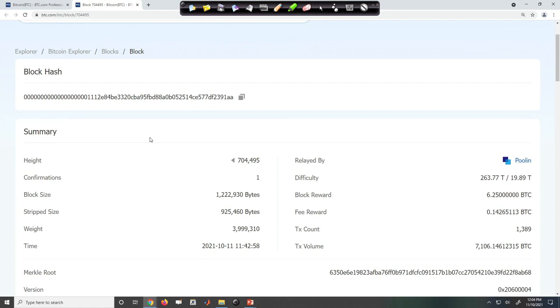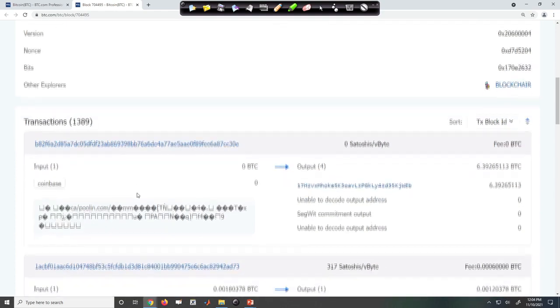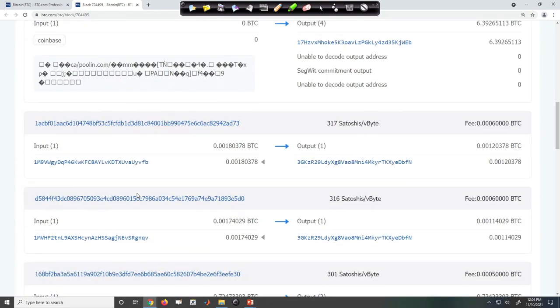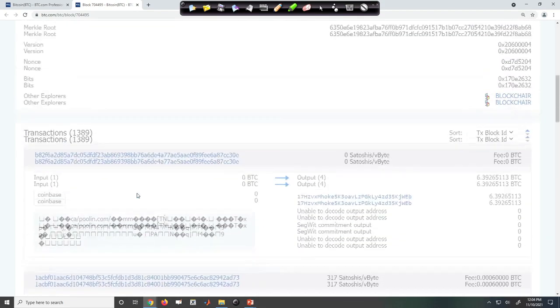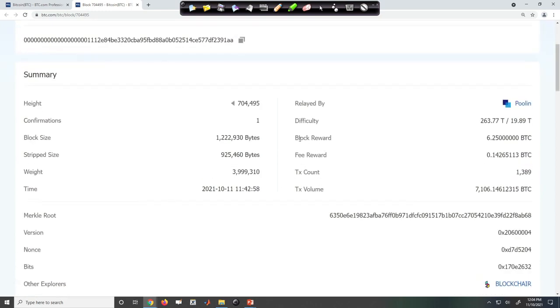So, I click on that, and if we see this particular block, it has got this header and it has got different such transactions here. You can see a lot of such transactions, and then also what we see here is this block reward written here. Okay. If you see this block reward written here, it says 6.25 BTC.